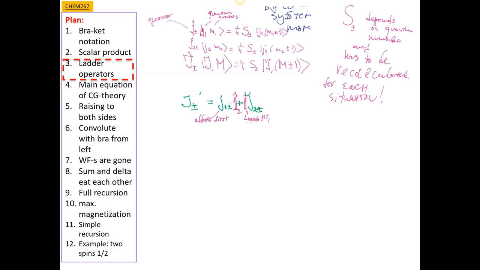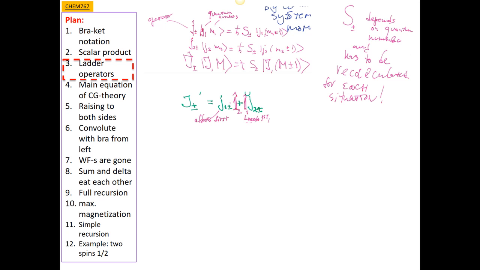J capital plus minus acting on J capital M capital is S plus minus J capital M capital plus minus 1, and this S plus minus function is a mask that either stays as a factor in front of the result, or it becomes 0 and disables the result, as we saw on the same board last time.